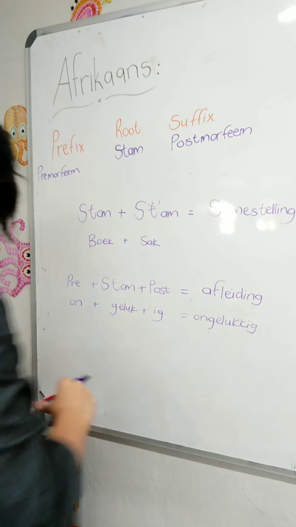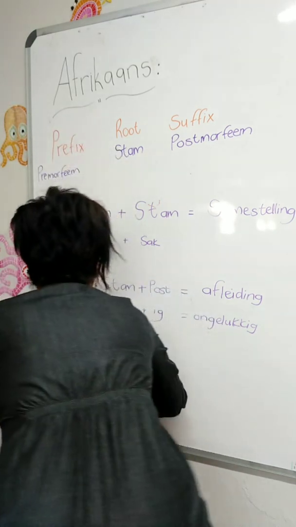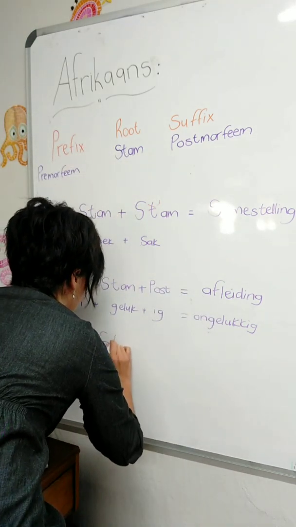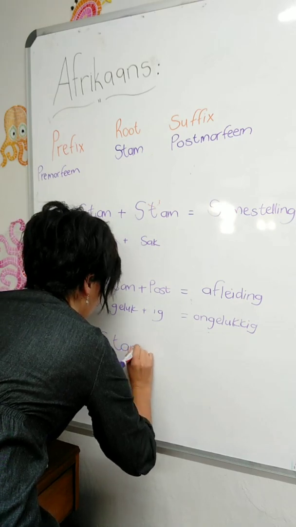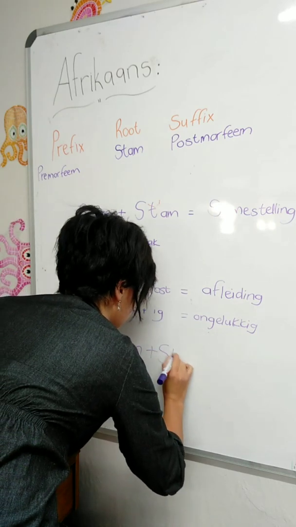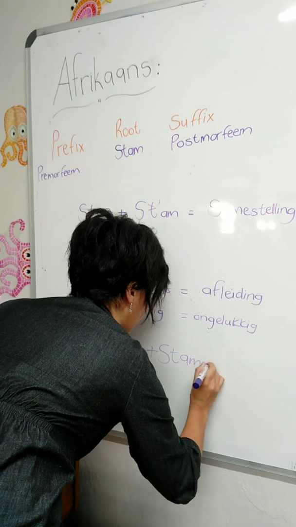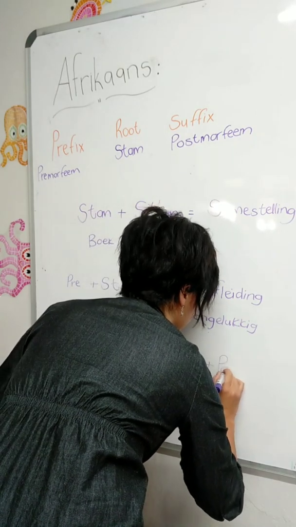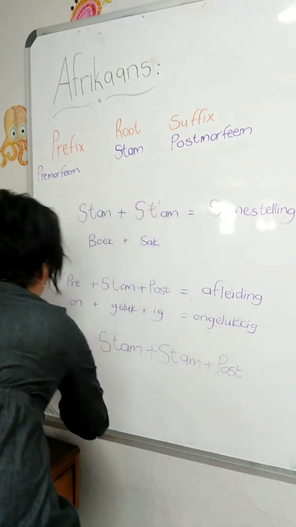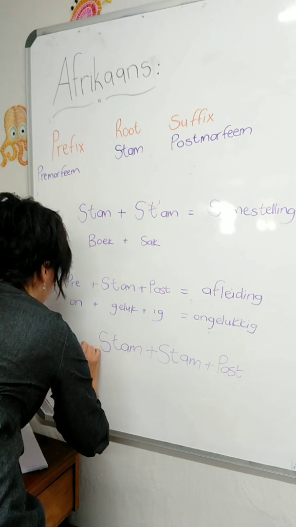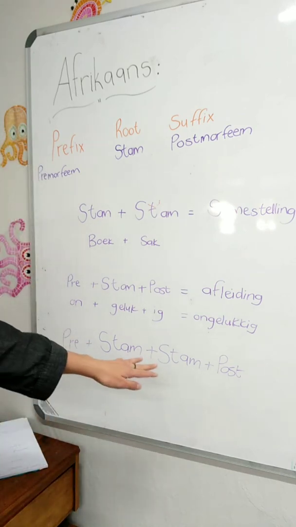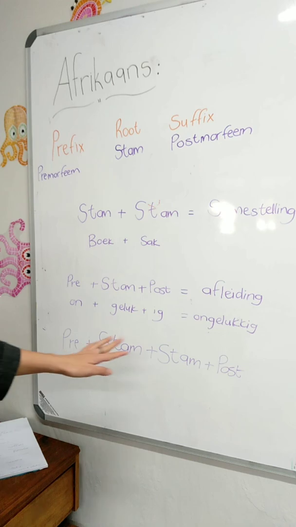Okay. Now, the last one, when there's two root words, twee stamwoorde. So, a stam plus a stam, and then either with a post or a pre. Twee stamwoorde met 'n postmorfeem of 'n premorfeem.